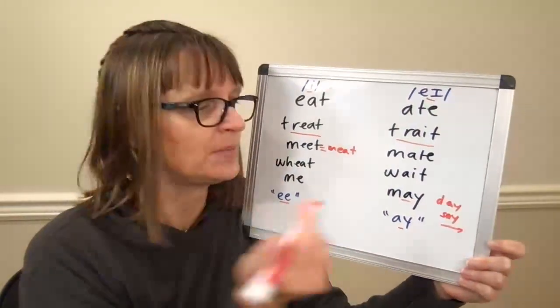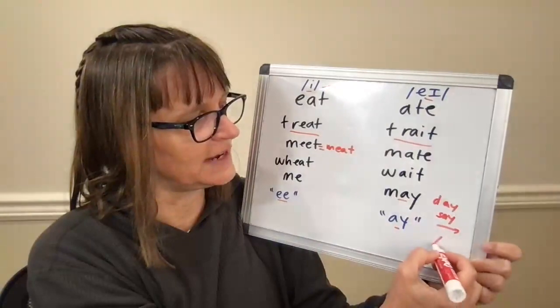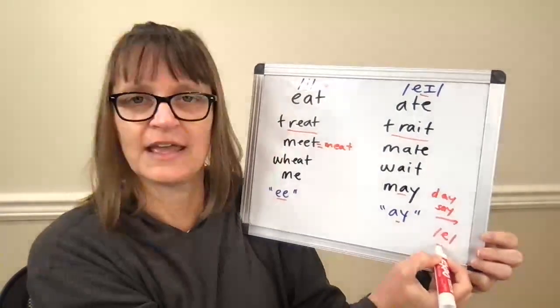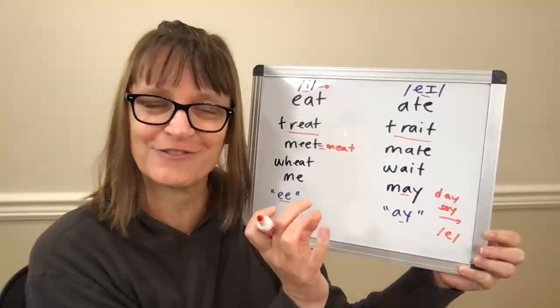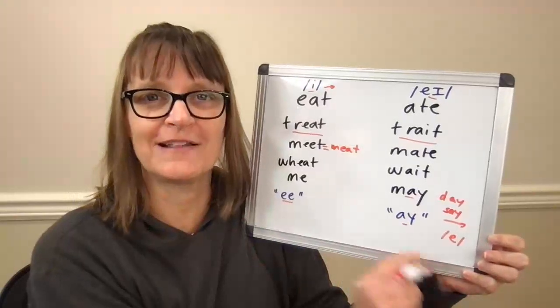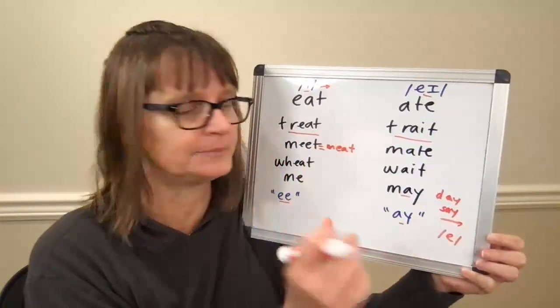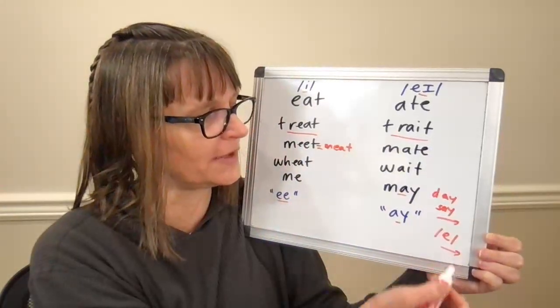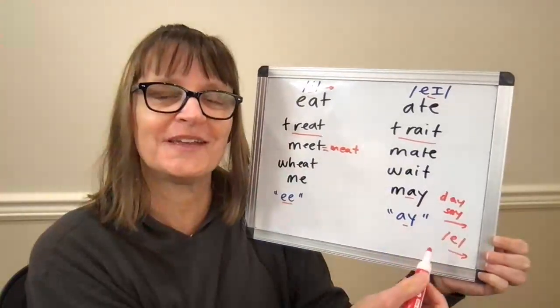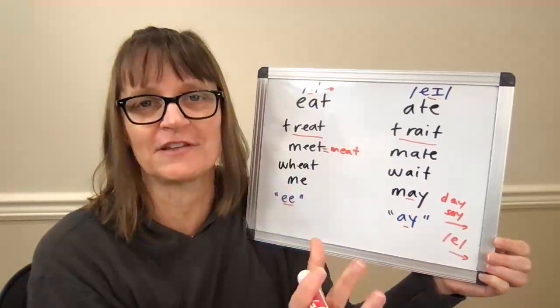So for a lot of people, what they tend to do is in your native language, you might have just a single sound for this. And what you need in American English is a double sound, A. So usually holding it longer will help. That's easier to do in a word like say, because there's nothing stopping me.